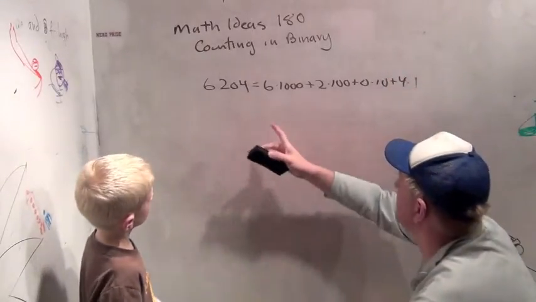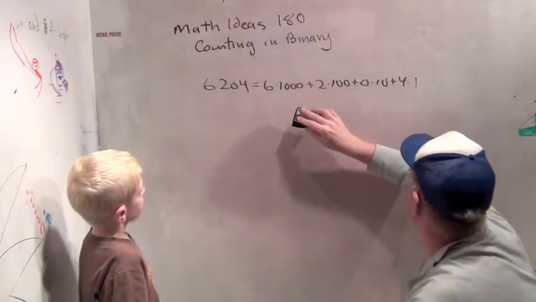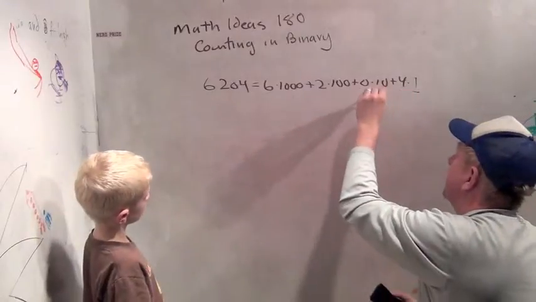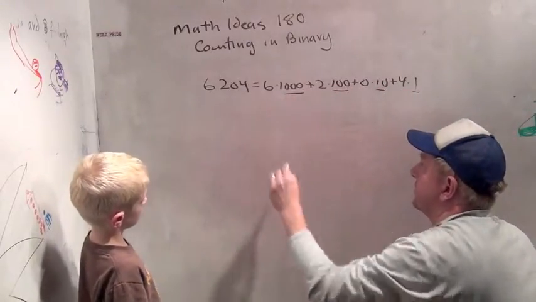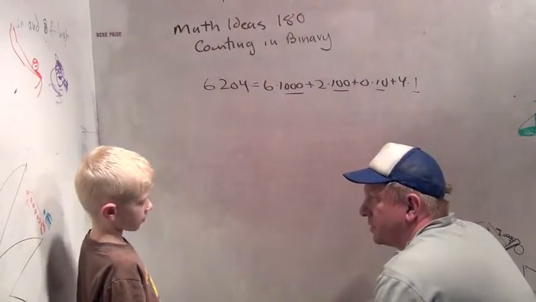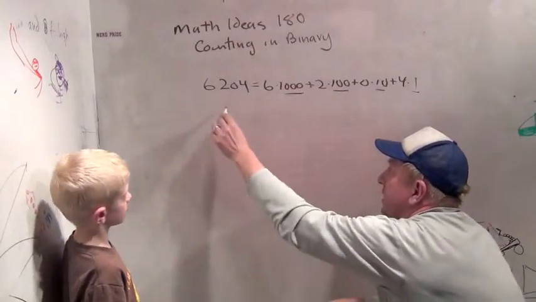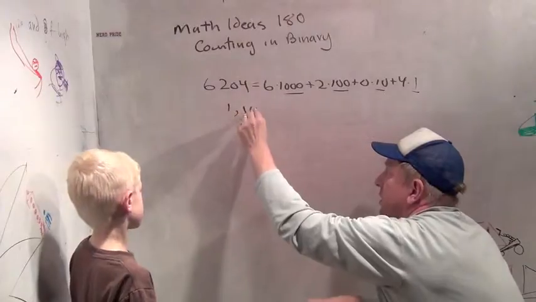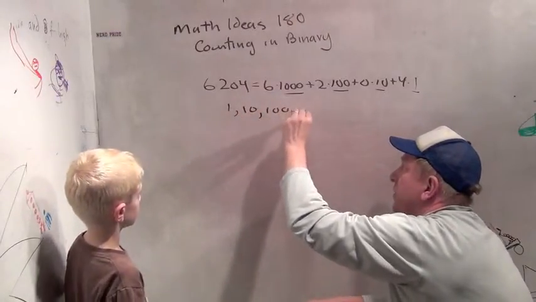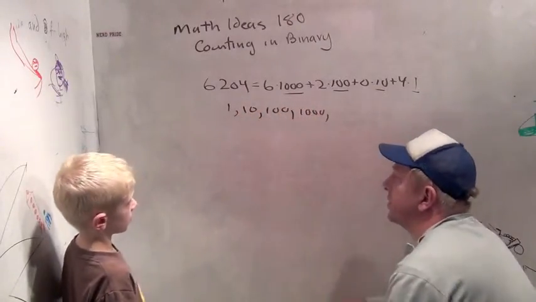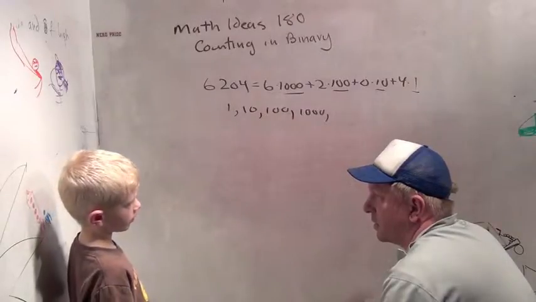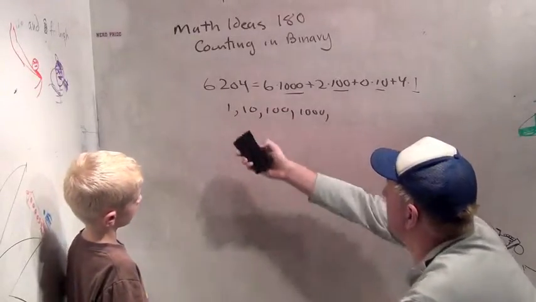Now, is there anything special? What do you know that's special about 1, 10, 100, 1,000? They're all powers of ten. What would come next if I made a list, 1, 10, 100, 1,000? Not quite. What do I do each time in my list?